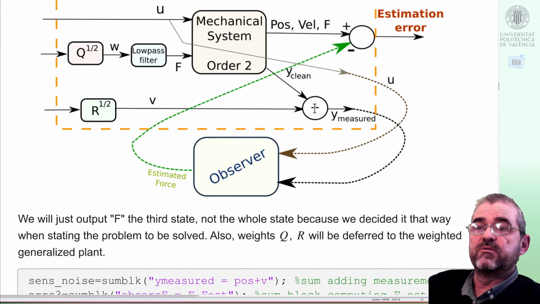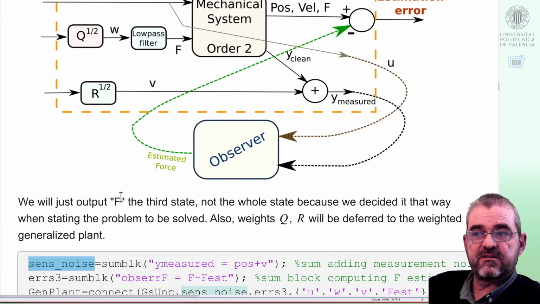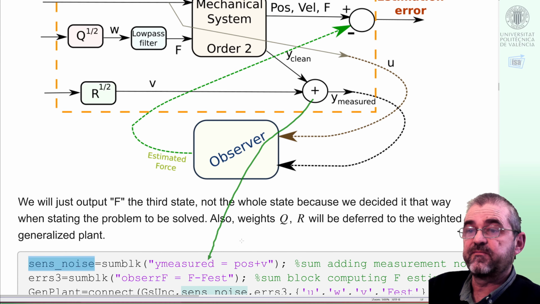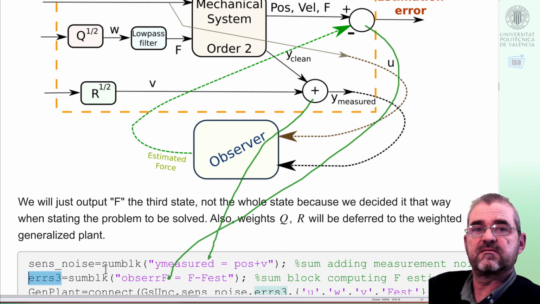And in order to express this block diagram, we will add a sensor noise addition block, this sum block, expressing this equation, and also an estimation error block, this sum block, which I named ERS3.